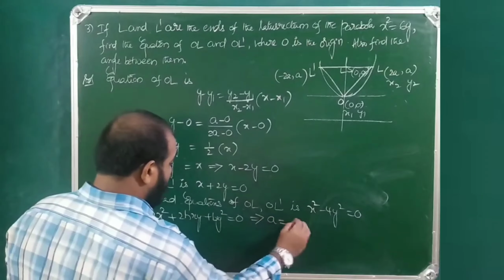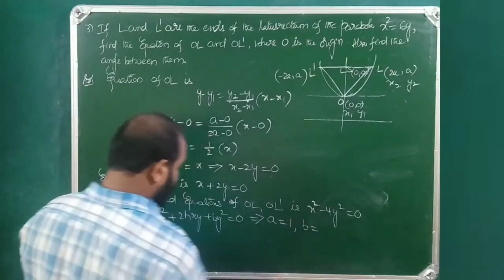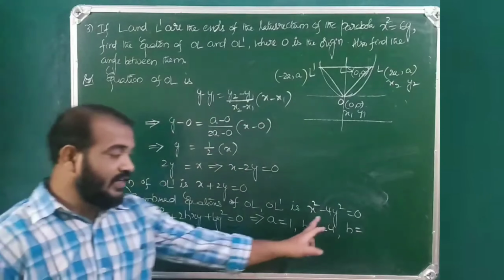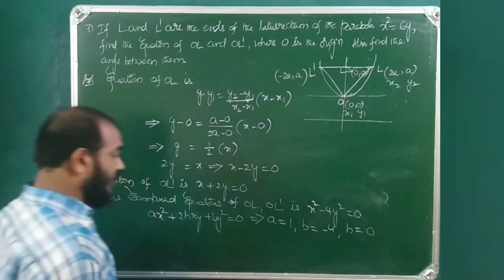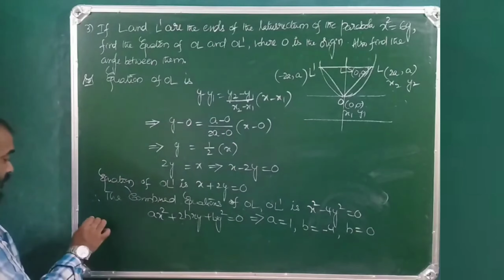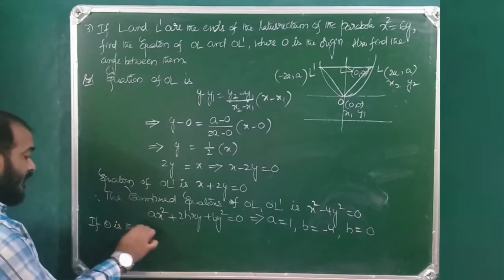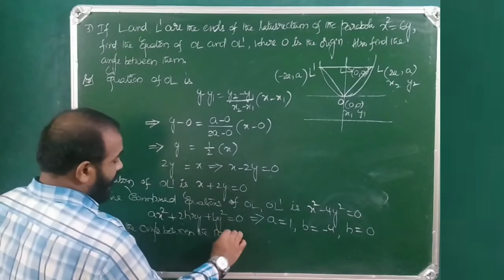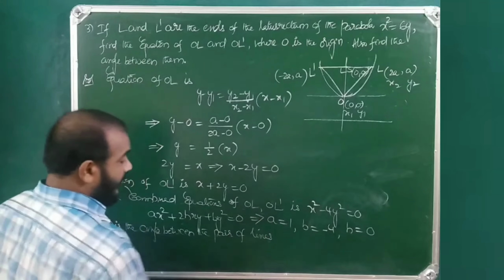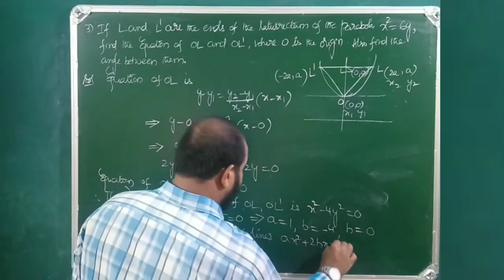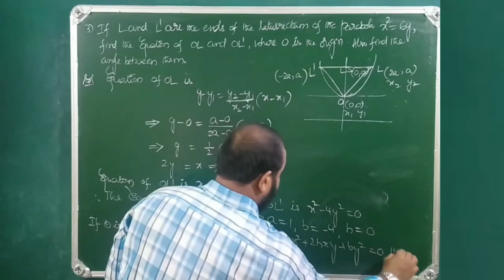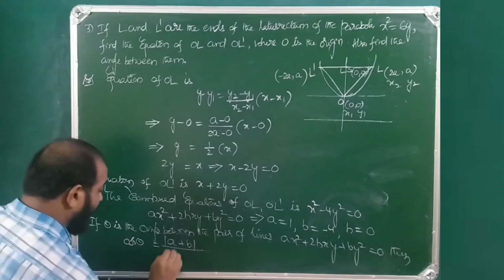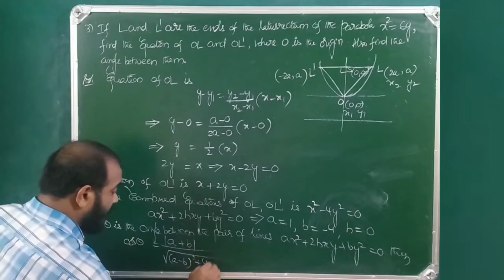So a equals 1, b equals minus 4, and h equals 0, since there is no xy term here. Therefore, if theta is the angle between the pair of lines ax square plus 2hxy plus by square equals 0, then cos theta equals a plus b by square root of a minus b whole square plus 4h square.